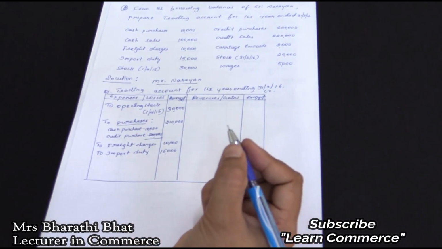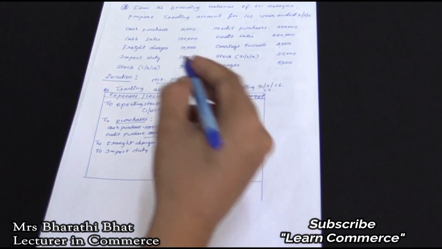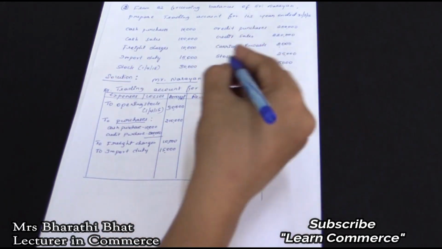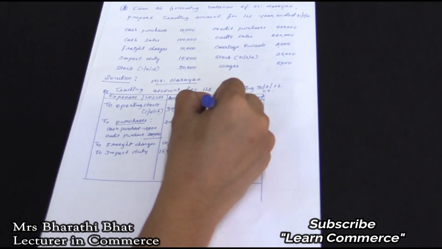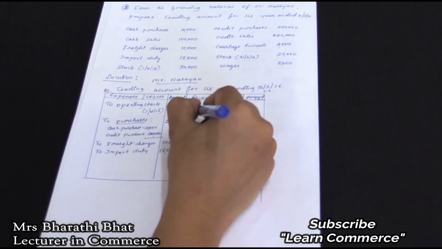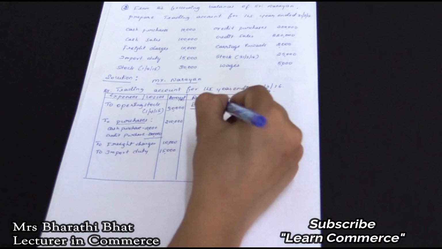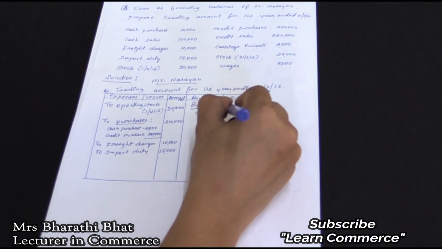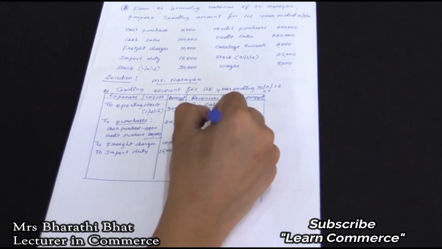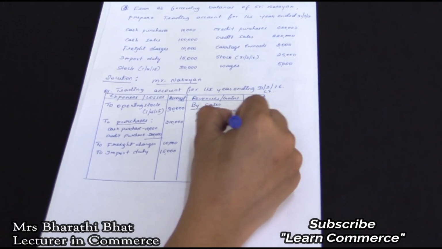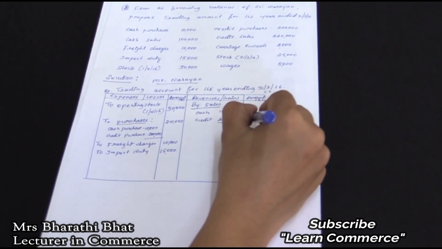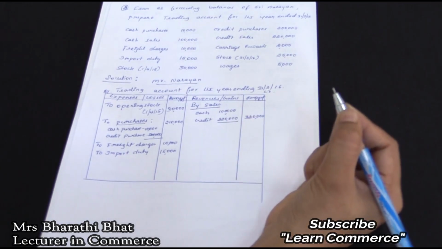Then credit sale is given, so just write by sales. In that, cash 1 lakh, credit 2,20,000. So 3,20,000 in the amount column.